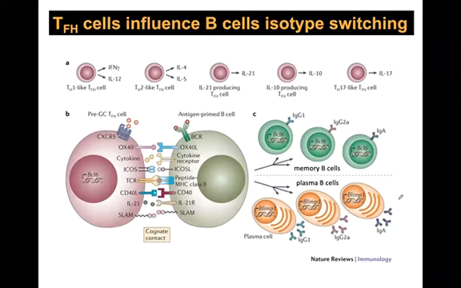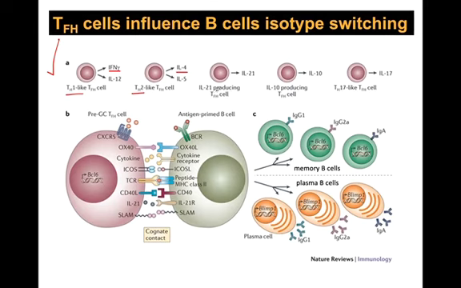Now, having said that, one of the things we need to keep in mind is that the follicular helper cells are influencing the B cells, and there are lots of different ways that they're doing this. Primarily, it's by cytokines. Th1 cells will make interferon gamma to sustain a Th1 response. Th2 cells will make IL-4.